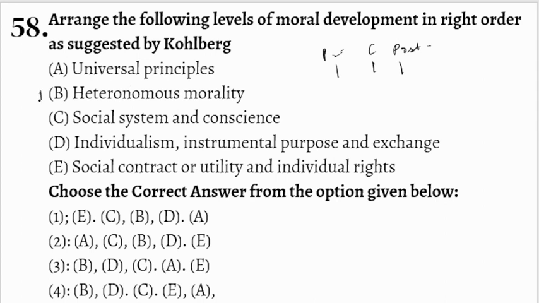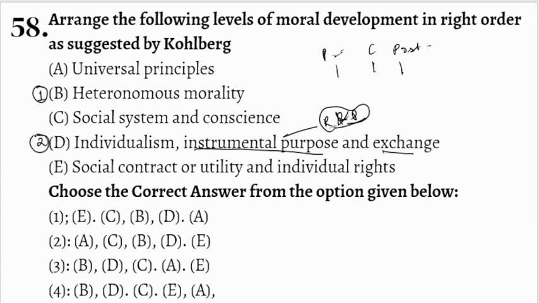So the first would be B. Then the person will start to engage in good behavior for the instrumental purpose, for rewards and punishment. So the parents say that if you don't act nicely in front of the guests, then you would get punished, or maybe if you behave like a good boy, you will get a chocolate. So they do everything for the reward and punishment, for the exchange, for the instrumental purpose. So D is going to be 2.